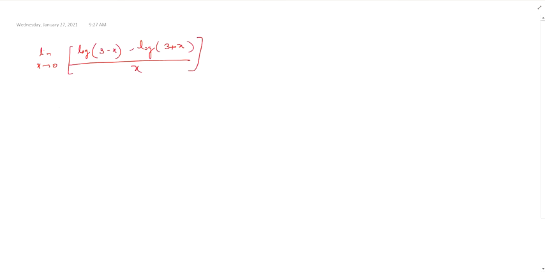So to solve this example, we have to consider, that is, solution.